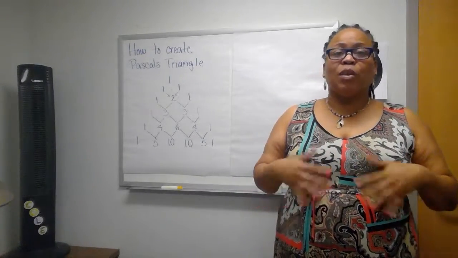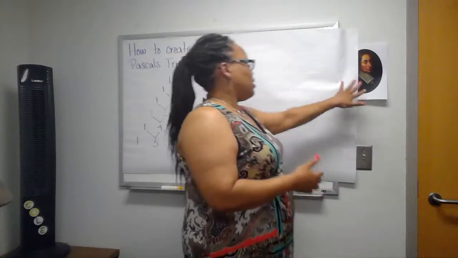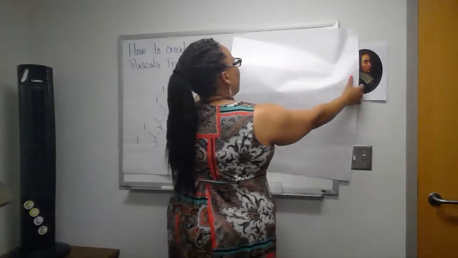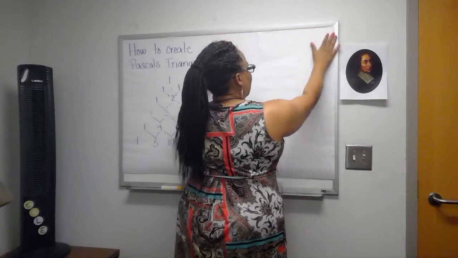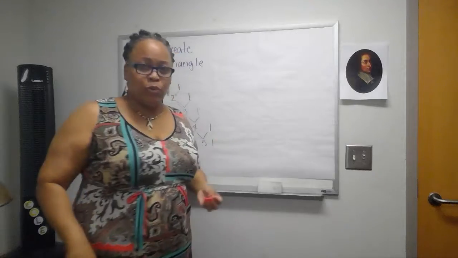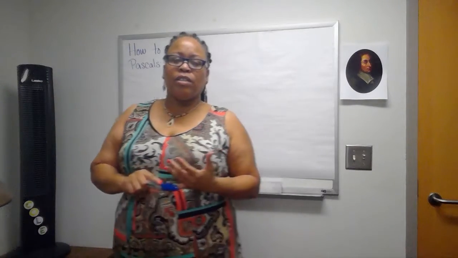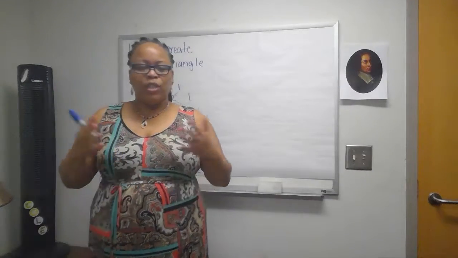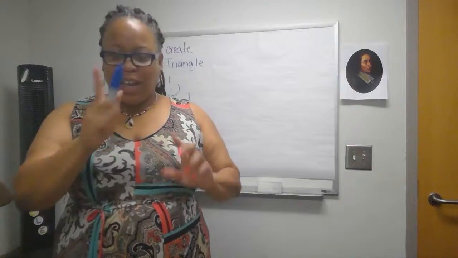There are quite a few interesting things when you deal with Pascal. But some of the things that we want to talk about today in our mathematical concept of Pascal deal with what exactly this triangle is used for mathematically. Pascal was born around 1623. I want to read something.